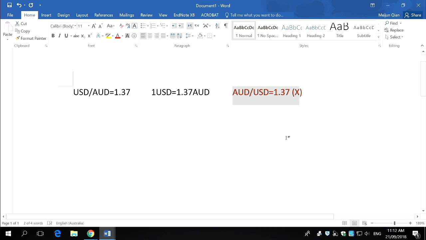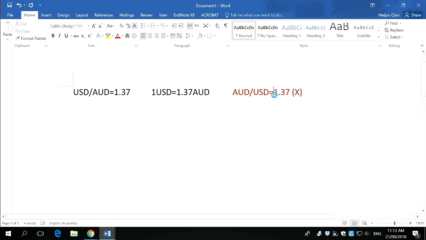Some students are arguing that the previous teacher might have taught them in this way. I don't think they taught them this way. I don't think a reasonable teacher would put an equal sign in this.